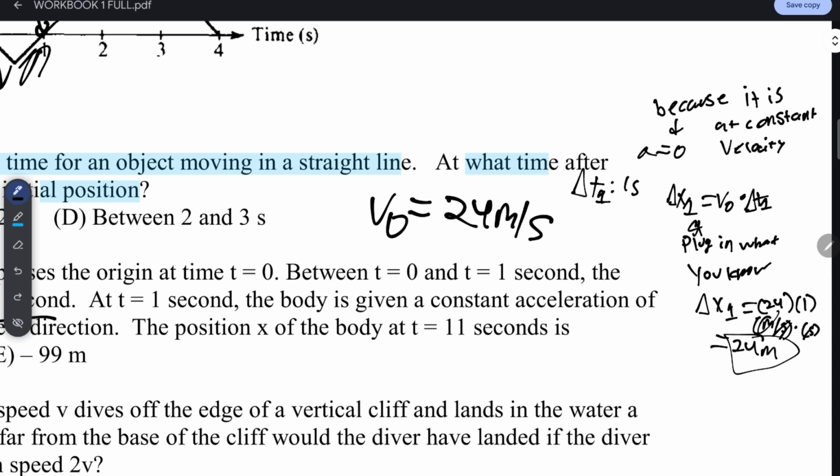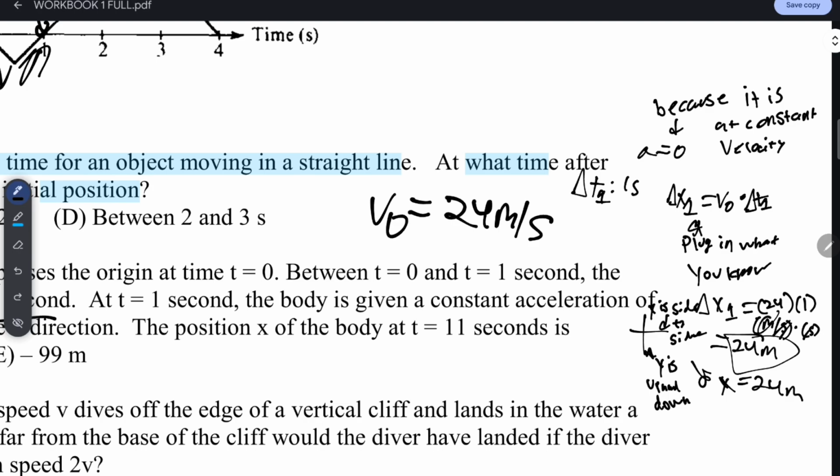Okay, so now at 1 second, the velocity is 24, the position is 24 meters, so x is equal to 24 meters, and it's x because on a graph y is up and down, then x is side to side.